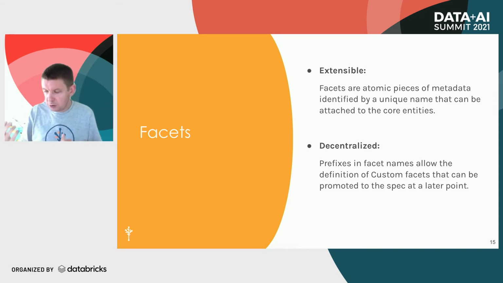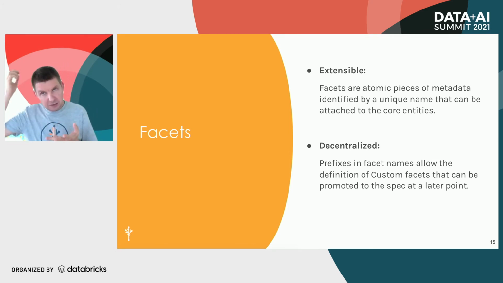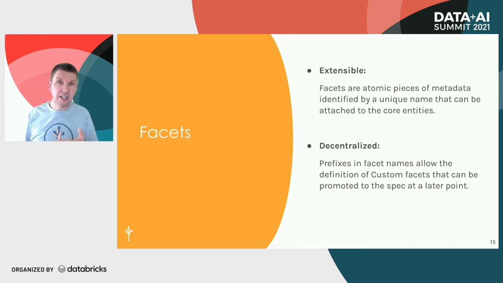It could be driving the effort about column level lineage, data quality metrics, schema, or query profiles for performance. Those are individual things that we can define independently and have quick independent discussion and agreement on standardizing. And it's also decentralized.